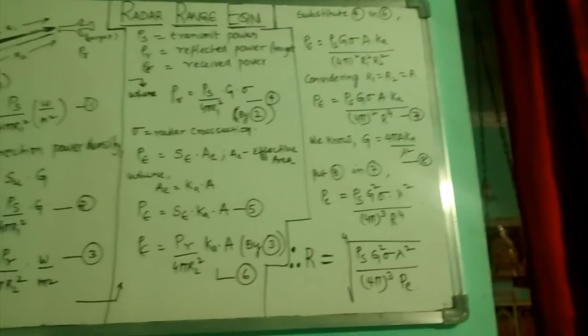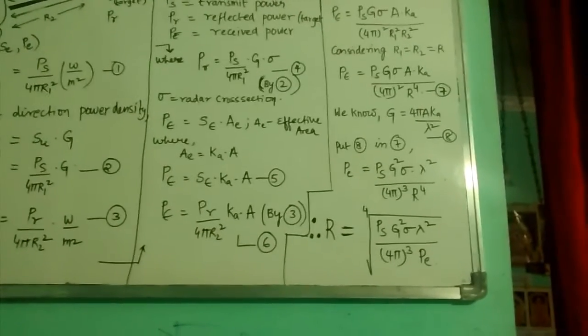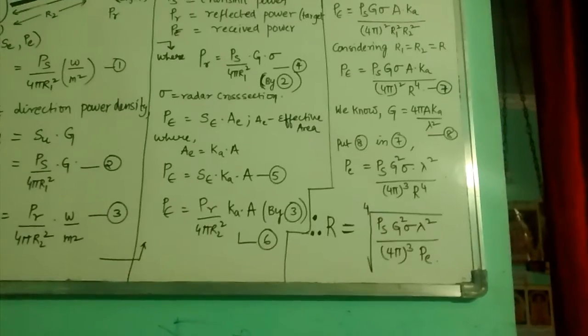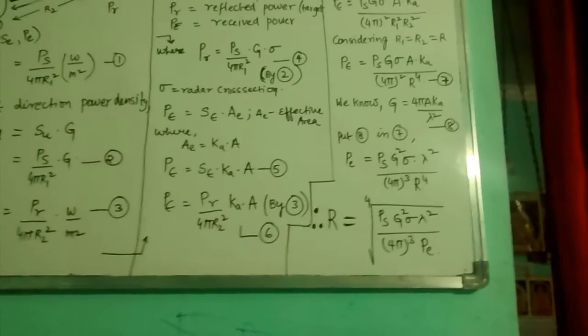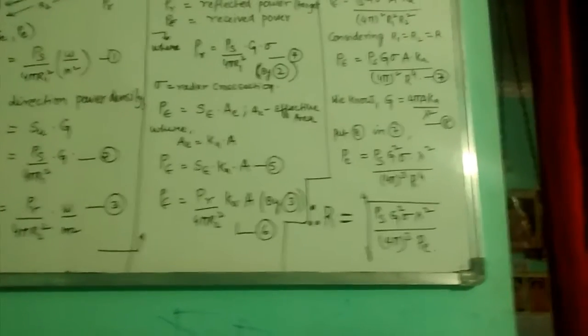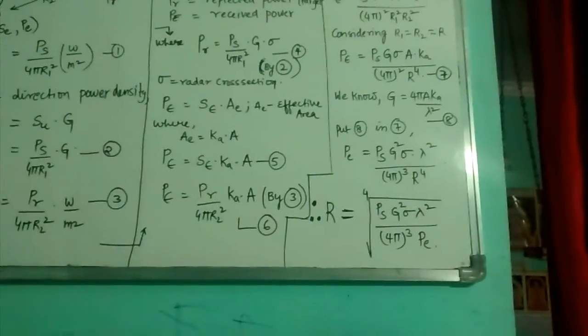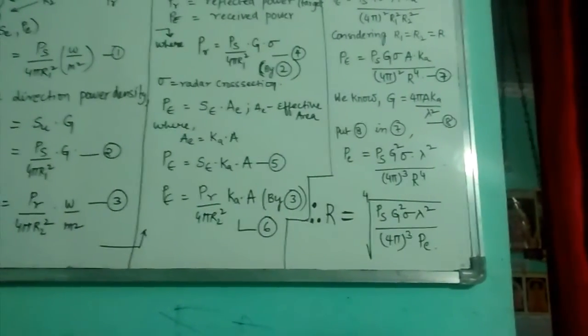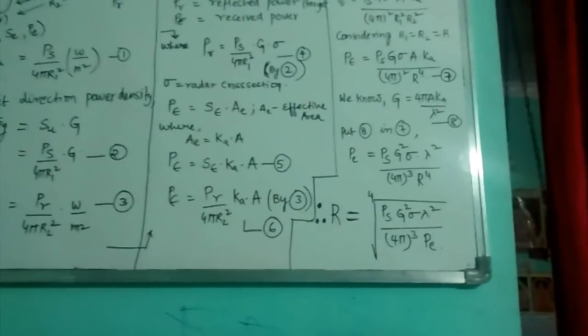Now most of the time we are interested in the maximum range. For the range to be maximum, if you look under the root, gain G is a constant, sigma is a constant, lambda is a constant, and the transmitted power PS is also a constant. What changes in order to get the maximum radar range is only PE, the received power.